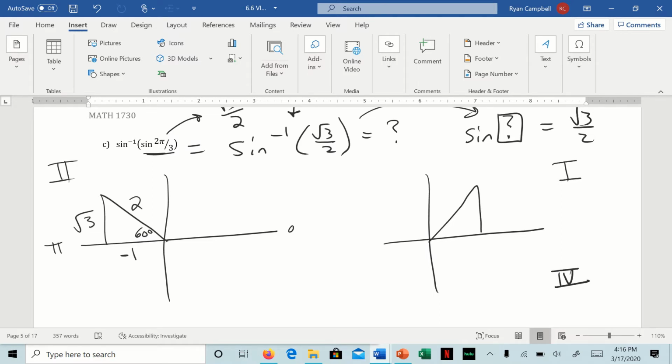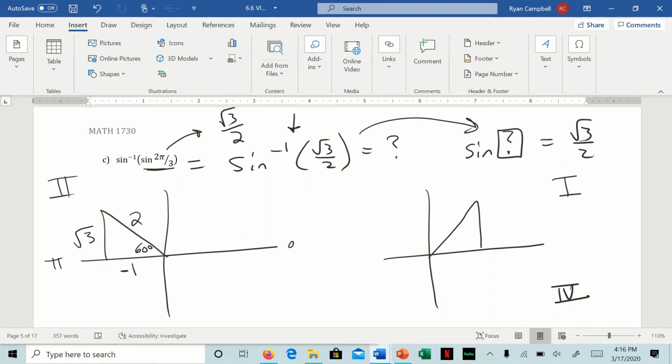Now, if this is all they gave us, if it's sine of x equals square root of 3 over 2, we would have two quadrants, right? What two quadrants would we have? We would be in the first and second quadrant, because it's positive. But since we know we're only between pi over 2 and negative pi over 2, the only option in this case is the first quadrant. So sine is square root of 3 over 2.